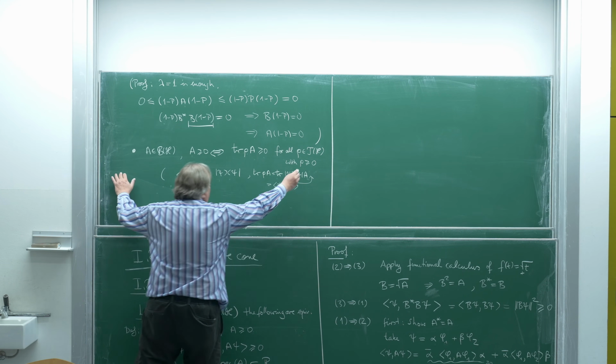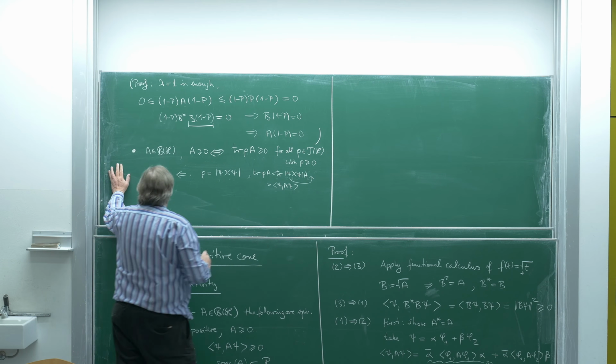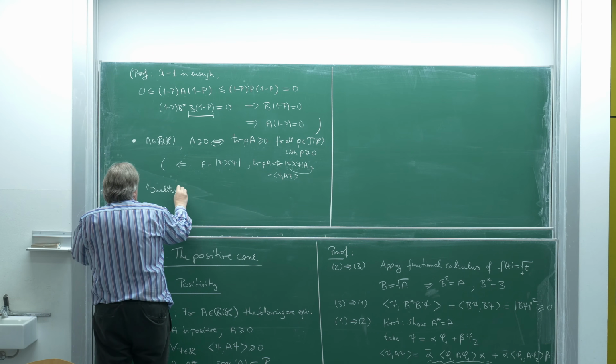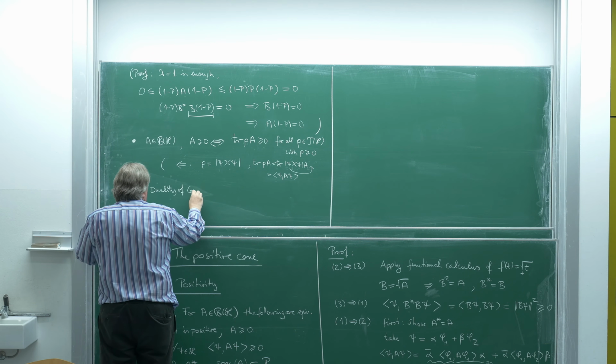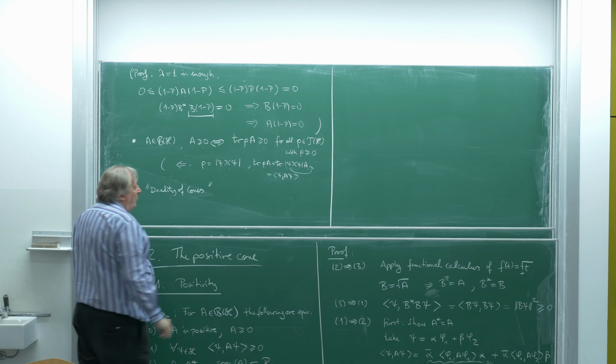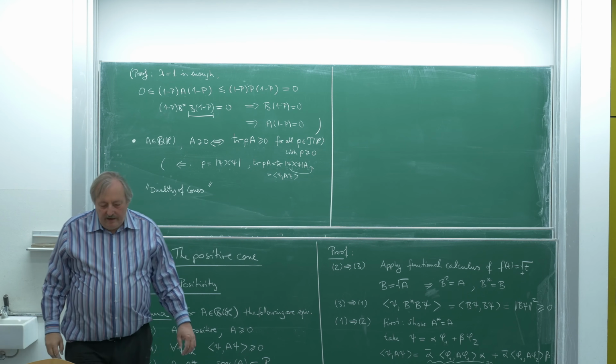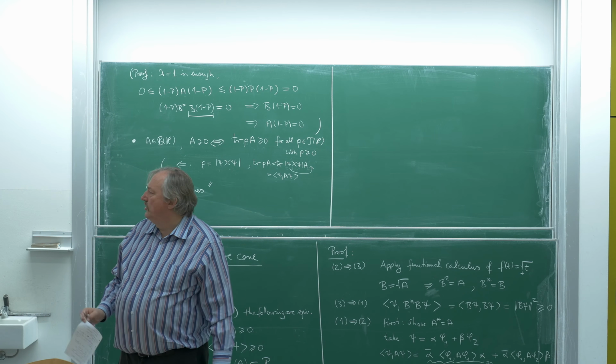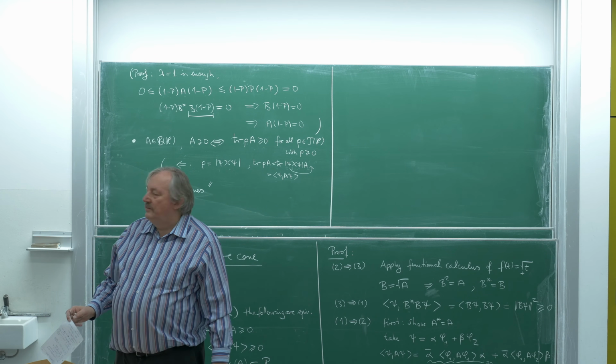And rho is positive and A positive, therefore this is positive. So this statement is called duality of cones. And I'll say a little bit more about cones and their geometry. I have 10 minutes, right?